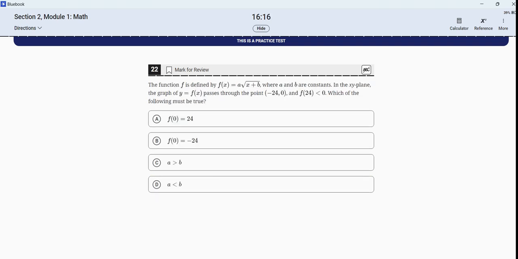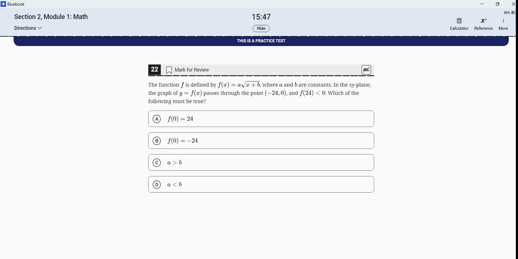And the last question. Function f is defined by f of x equals a square root of x plus b, where a and b are constants. In the xy plane, the graph of y equals f of x passes through the point (negative 24, 0), and f of 24 is less than 0. Which of the following must be true? So what we know is there can't be a negative number in the square root.